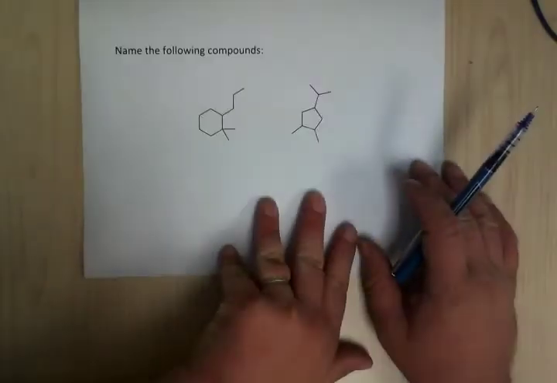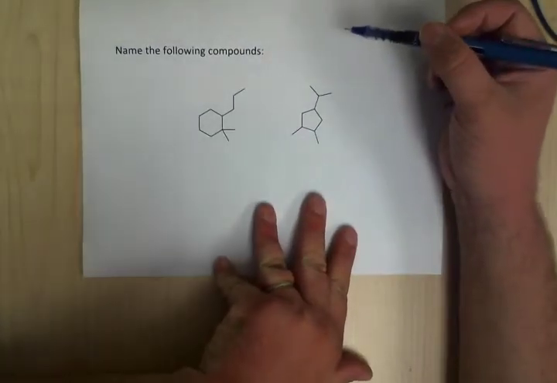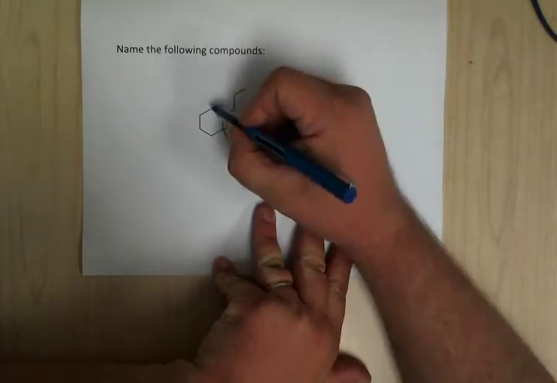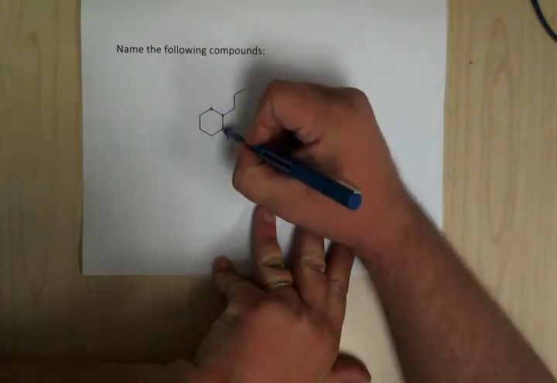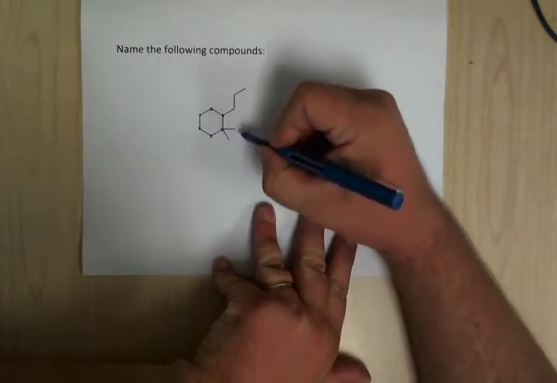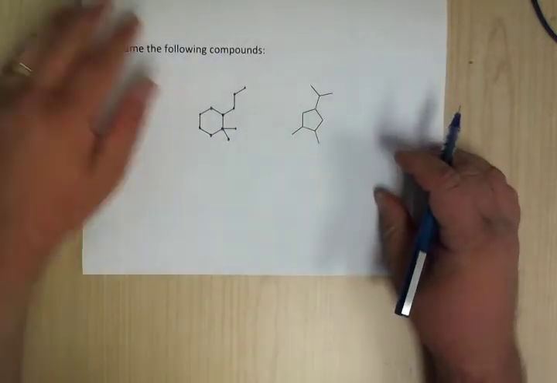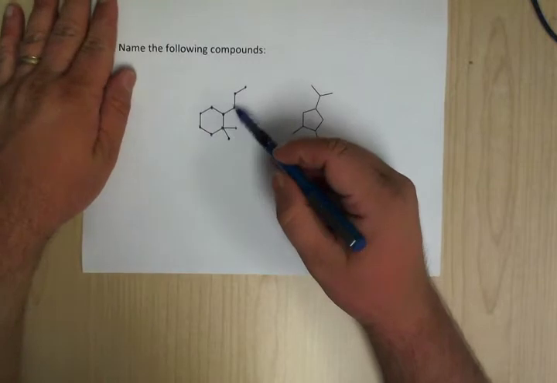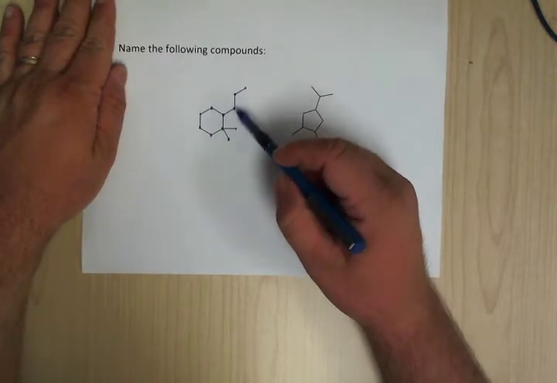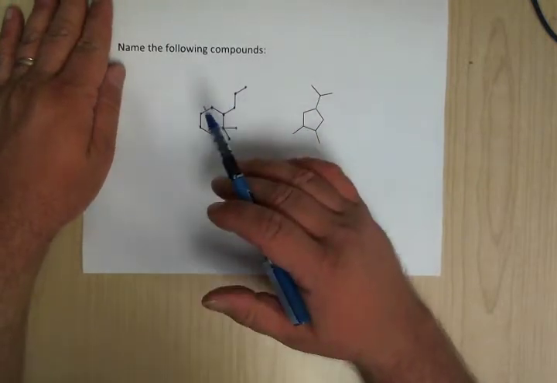Okay. Now, for these guys here. So here you go, right? So put in your dots. Now, you're either going to be part of a straight chain or you're going to be part of the ring. You can't be both, right?